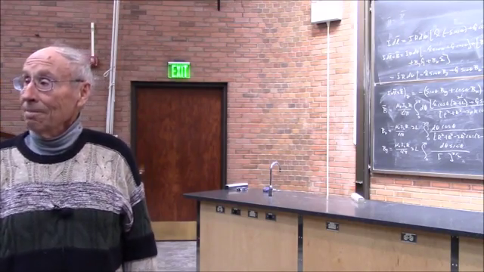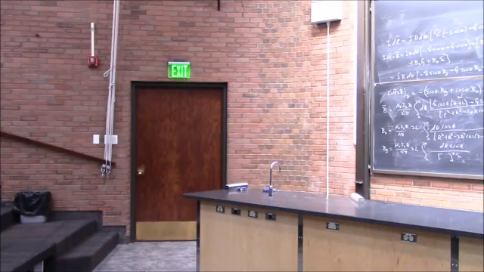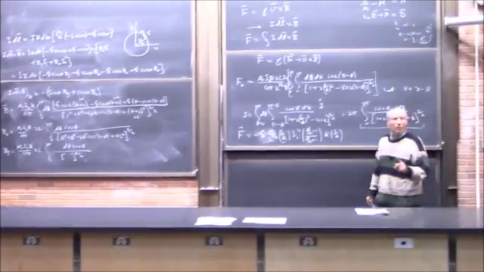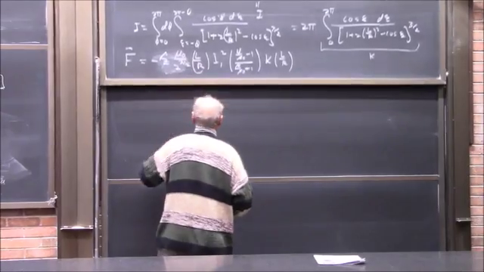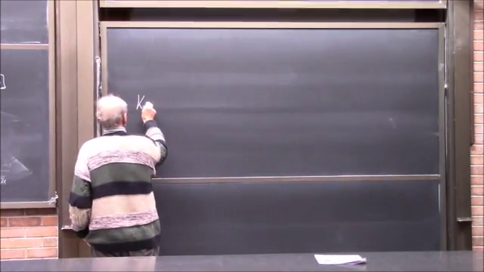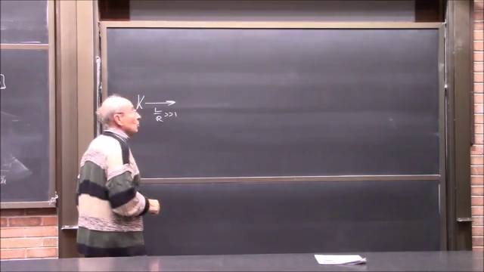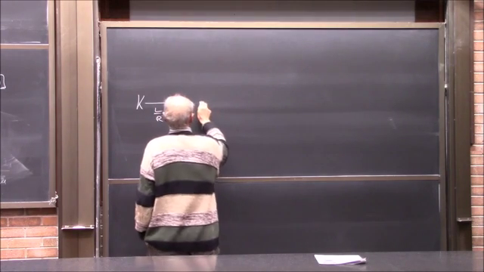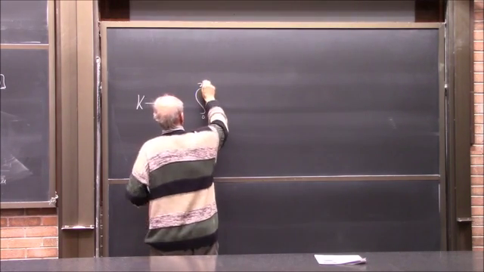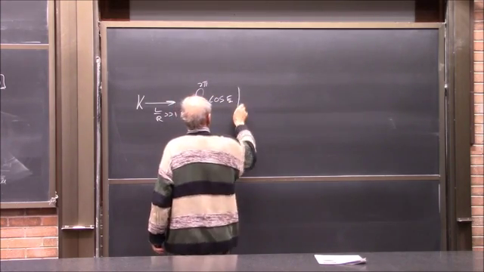Make sense to everybody? So let's ask what that integral becomes in the limit that L over R is large. So K goes when L over R is very much greater than 1. So let's see what will happen. Well, we'll have the integral from 0 to 2 pi cos squiggle.